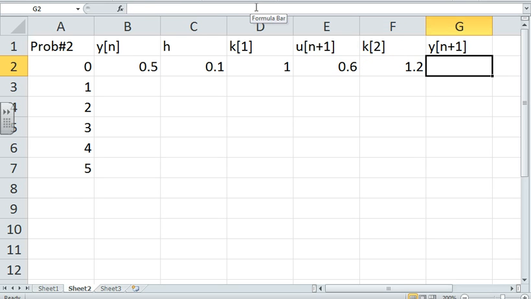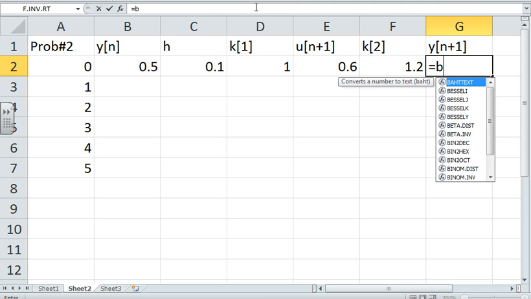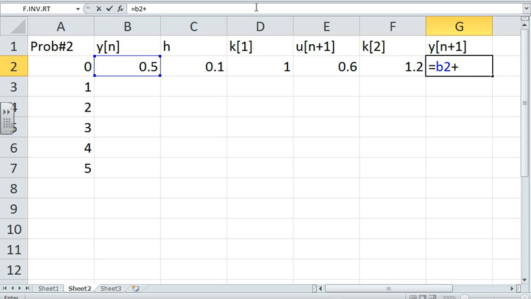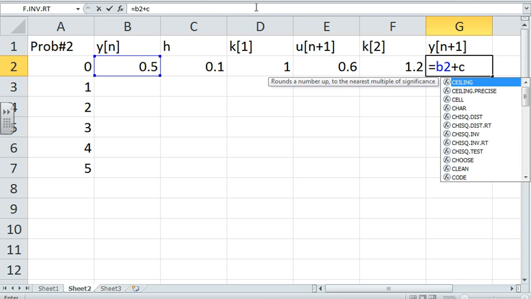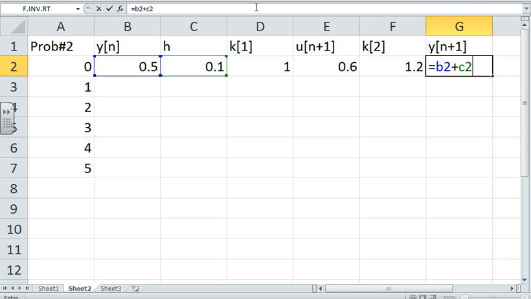Okay, and then the next guy is going to be y sub n, B2, plus h, which is C2, times 0.5 times parentheses K1, which is D2, plus K2, which is F2.